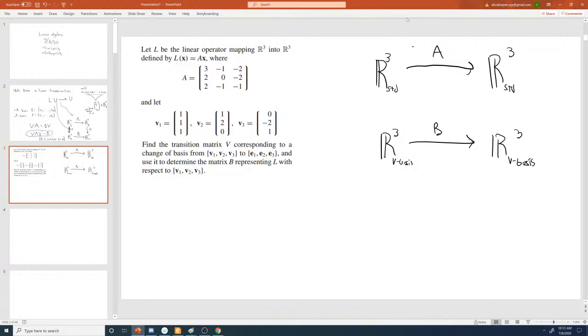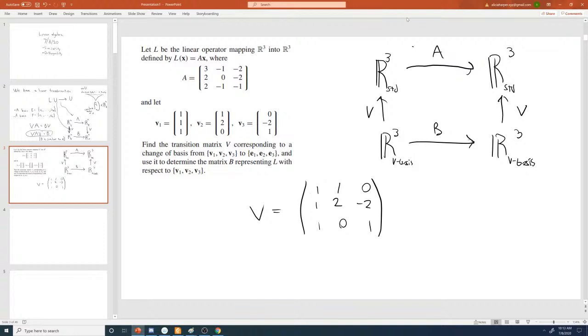There's an easy way to do this, in one direction at least, which is that we can easily change from the V basis to the standard basis via a matrix V. Here, V is going to be the matrix whose first column corresponds to the first vector, 1, 1, 1; second column corresponds to the second vector, 1, 2, 0; third column corresponds to the third vector, 0, negative 2, 1. And this matrix V is precisely how you change from the V basis to the standard basis.